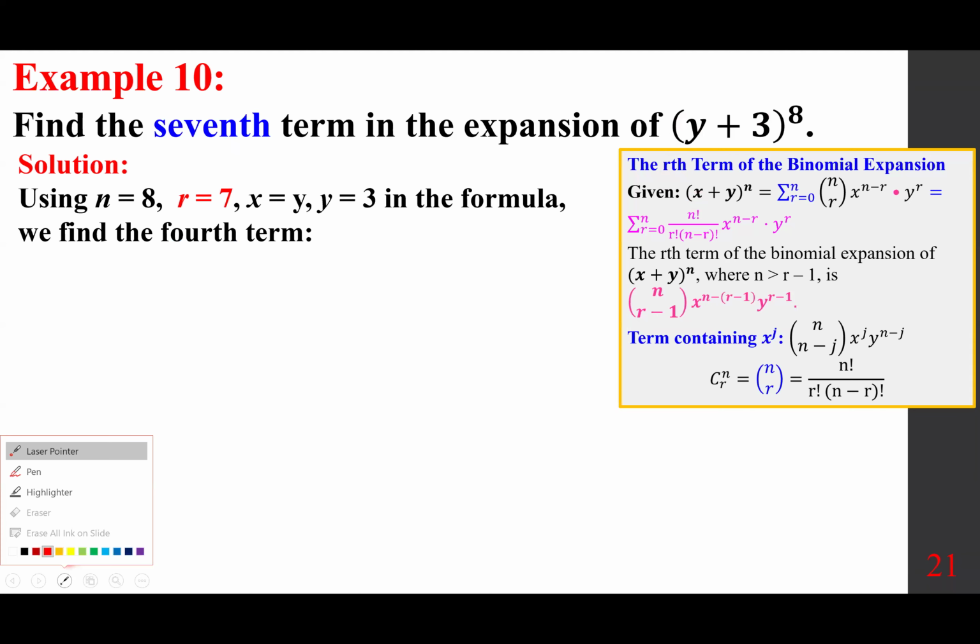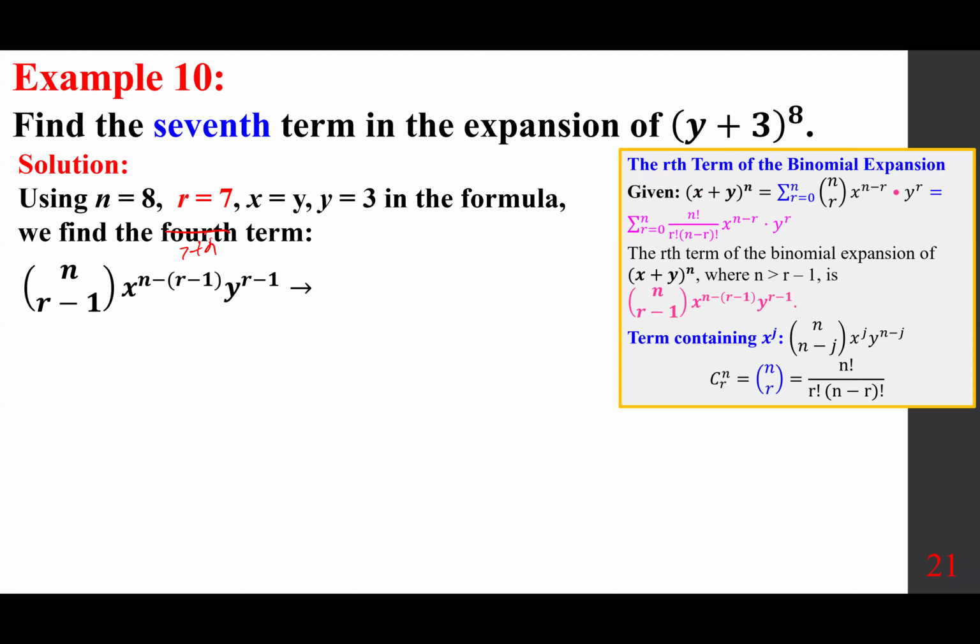And so to find the seventh term, we do this. Replace the n with 8, r minus 1, 7 minus 1. x, remember, is y here, n minus 7 minus 1, y to the power of 7 minus 1.